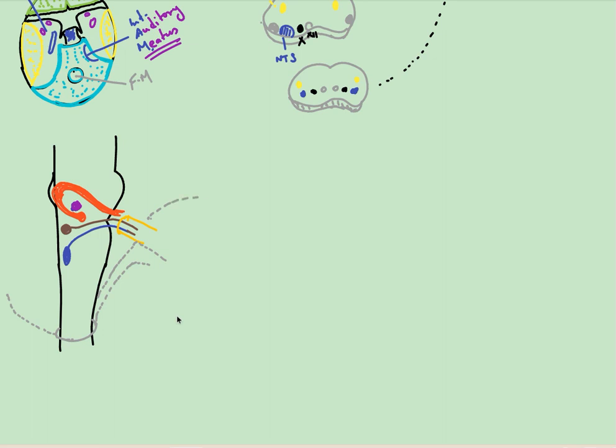This is the floor of the skull, and this is the internal auditory meatus, which is going to enter the middle ear. This entire canal is known as the internal auditory meatus, IAM.